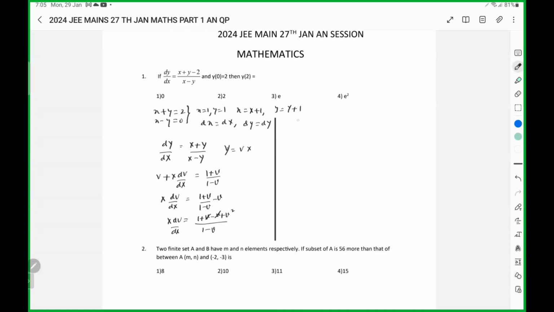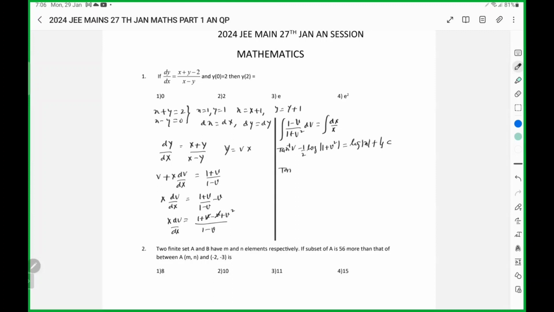Here it is (1 minus v) by (1 plus v square) dv is dx by x. Integrating, tan inverse v minus half log (1 plus v square) is log mod x plus log c.